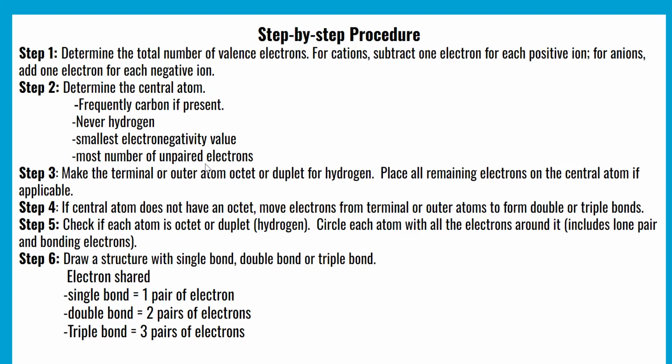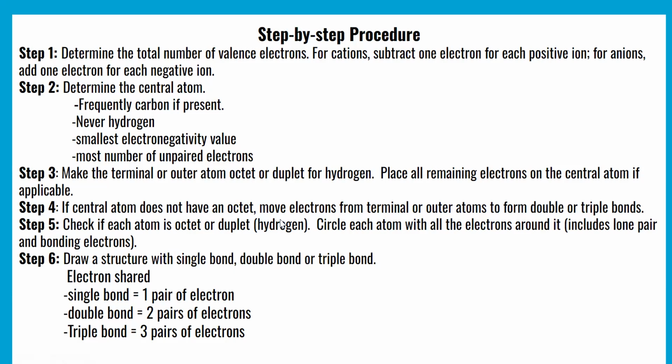For hydrogen, it needs only 2 to be stable. Otherwise, you make it an octet by placing 8 electrons. Then place all remaining electrons on the central atom, if applicable. If the central atom does not have an octet, move electrons from terminal or outer atoms to form double or triple bonds.